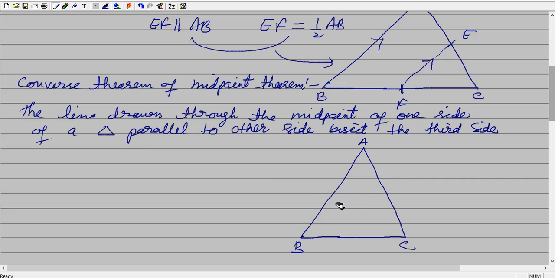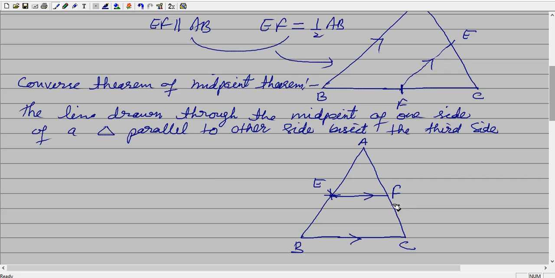Now this time, the line drawn through the midpoint of one side, means one point is given, and draw a line parallel to BC, parallel to the third side, drawn from point E, always bisects the third side.